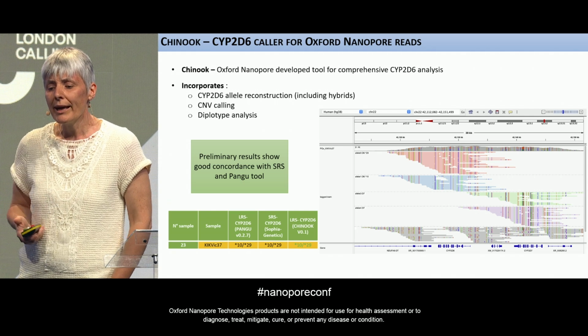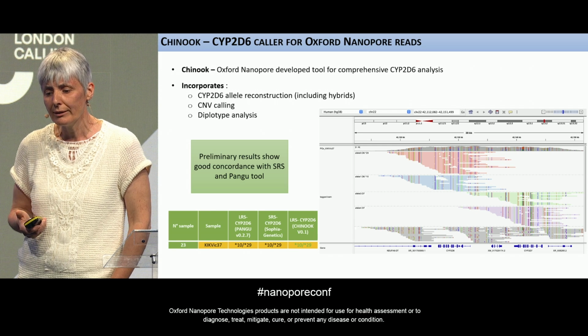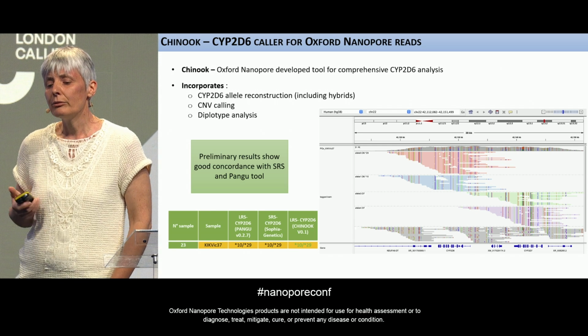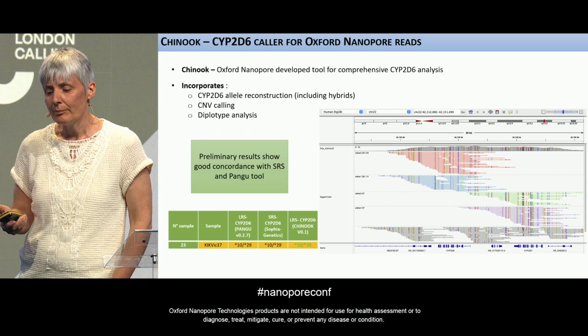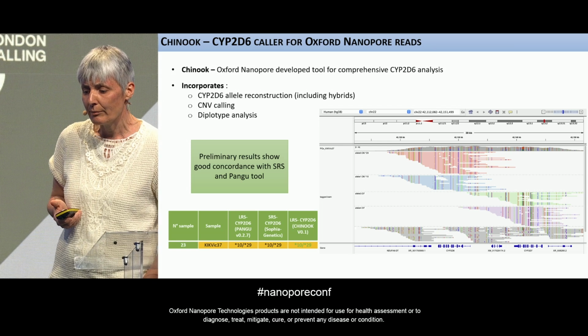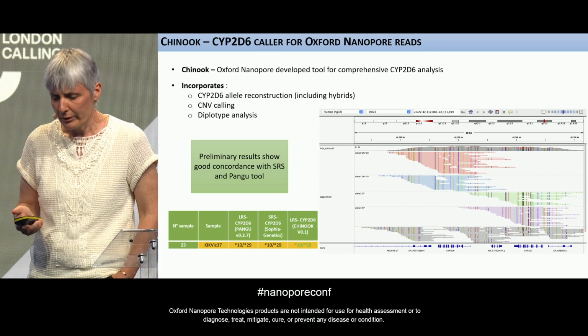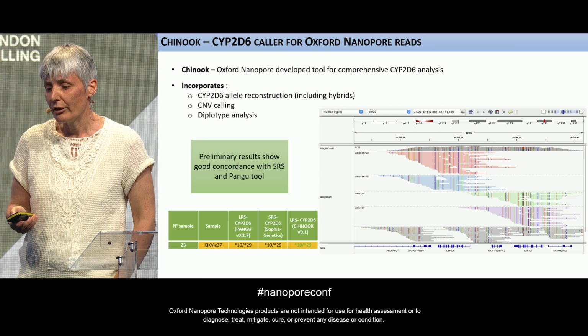It incorporates CYP2D6 and CYP2D7 allele reconstruction and enables us to get the CNV calling and the diplotype. It's really nice, as you can see on that alignment. It's the true answer, and it's more confident for us.